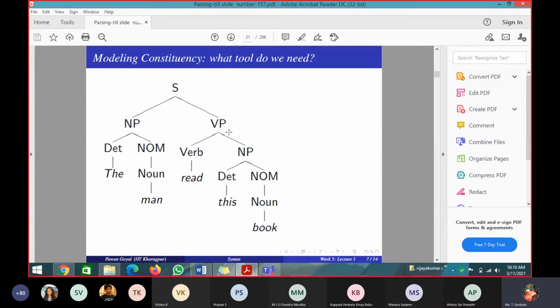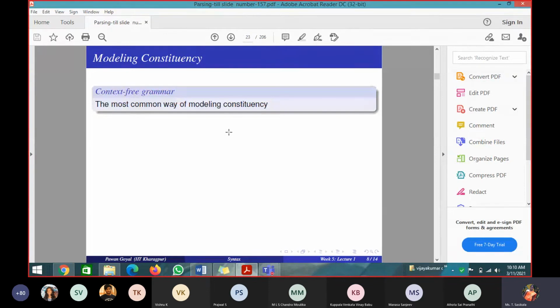The noun together forms a noun phrase. This book together forms a noun phrase. The verb with this noun phrase gives a verb phrase. So we know what constituency and phrases are. Now we will be learning how to construct this syntax tree for the given sentence. For that, we will be learning the context-free grammar. So how do we model this?